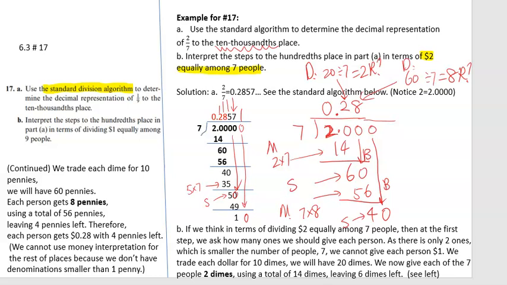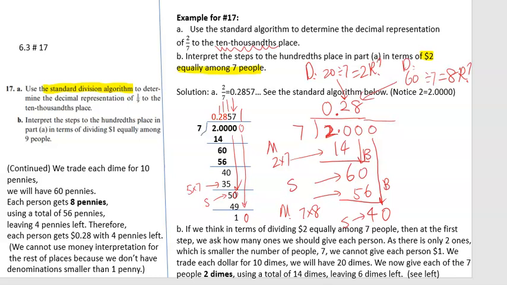Okay, next in part B, we want to use the money to explain. Pretty much like I explained in the process, we divide $2 among 7 people. First step, because there are only 2 $1 bills, which is smaller than the number of people, 7, we cannot give each person $1. So we trade each dollar for 10 dimes.